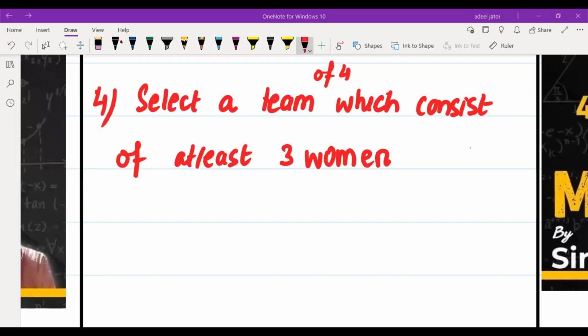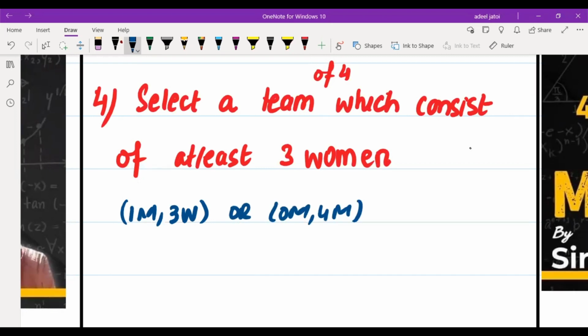So now the question says select a team of 4 which consists of at least 3 women. It's the same case 3. Now at least 3 women means that we need to have a minimum of 3 women. So that means 1 man and 3 women, because the minimum requirement is 3 women, or we can have 0 men and 4 women. So this should be 6C1 into 4C3 plus 6C0 into 4C4.